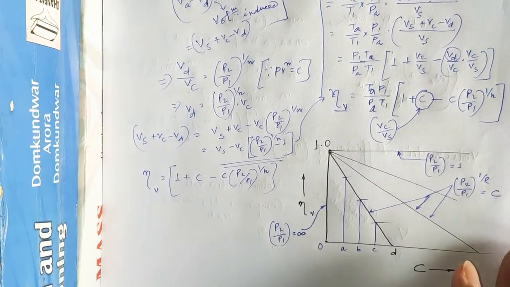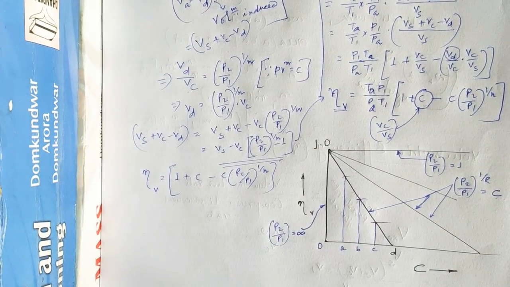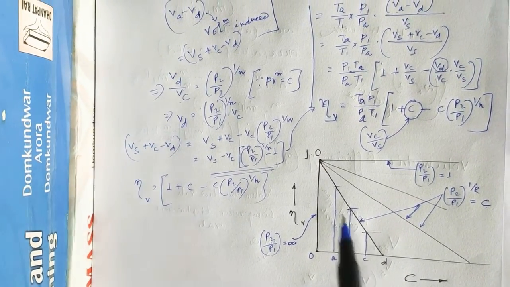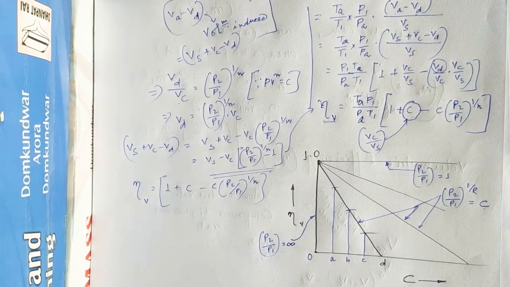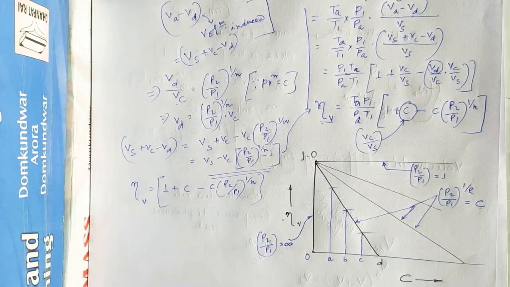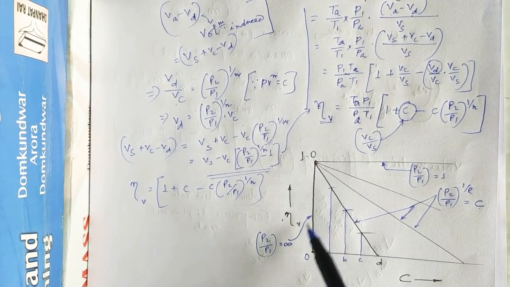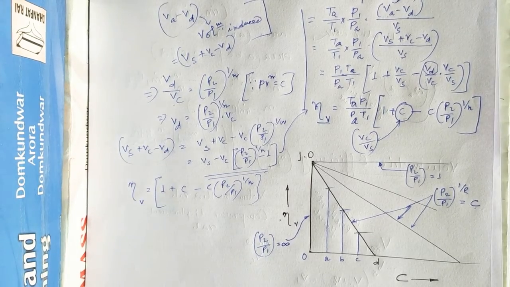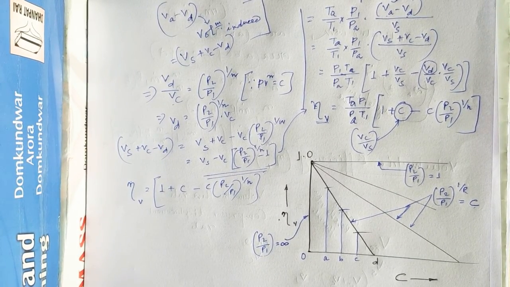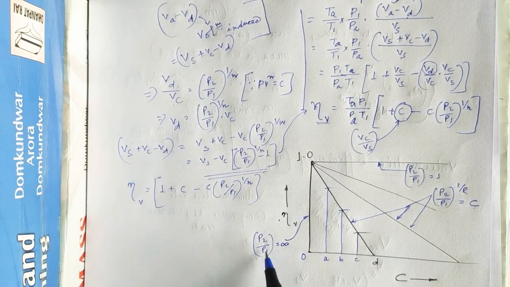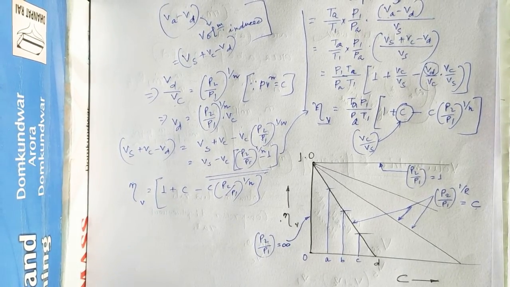Now next we have to discuss the variation of clearance ratio or clearance factor on volumetric efficiency. In this figure it is described. See here, this is the graph between volumetric efficiency and clearance factor. Along the y-axis we have plotted volumetric efficiency, along the x-axis clearance factor. And we have shown the variation of volumetric efficiency when P2 by P1 is changed.